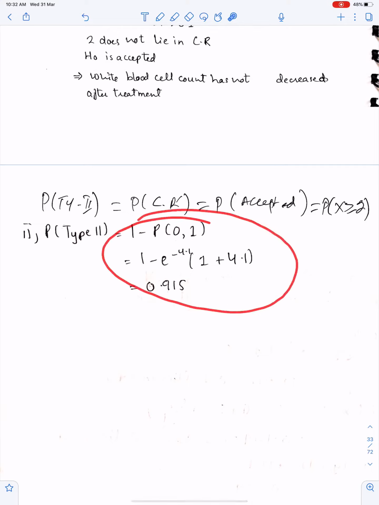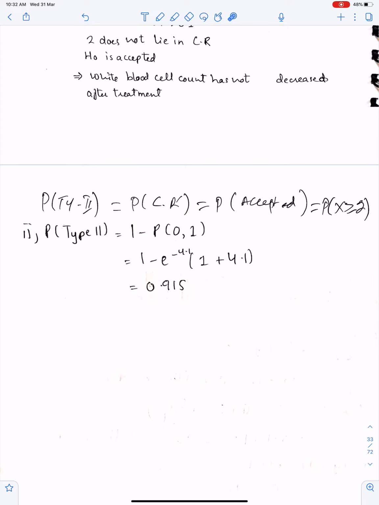So this is the way to get the probability of type 2 error. Make sure you use the new lambda. Always use the new value of lambda.